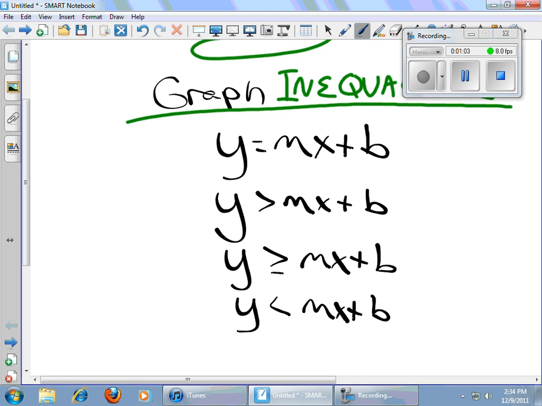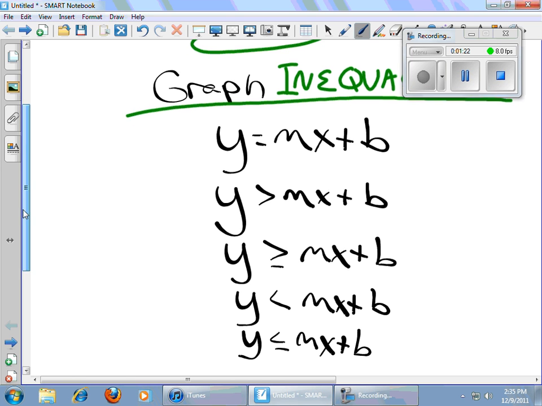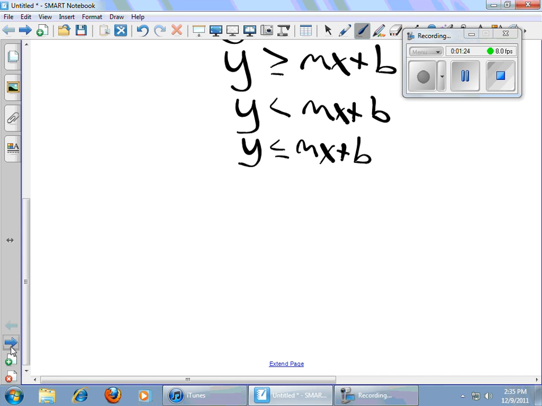Or for those of you that are extreme mental giants, they might look like this. Wow, this will be crazy. Of course, we can use the standard form of these inequalities as well, or point slope form, or whatever the case may be. So let's look at an example.